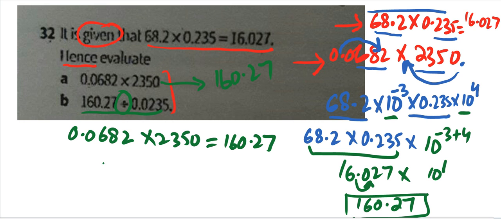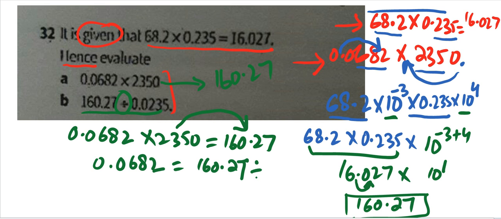If I shift this 2350 here, what I get is 0.0682 equals 160.27 divided by 2350.